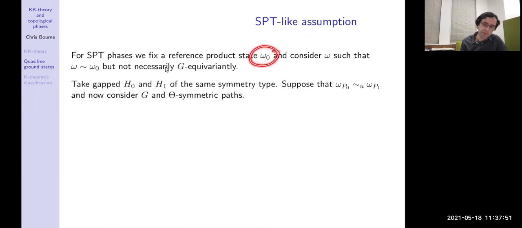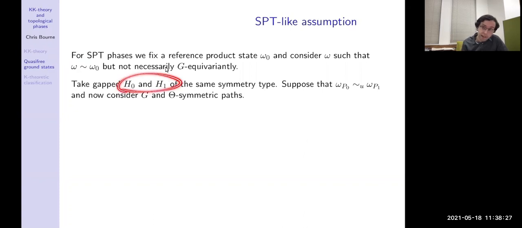You fix a reference product state, omega naught, and then look at other gapped ground states omega such that it's equivalent to omega naught in whatever equivalence relation on the space of gapped ground states, but not necessarily G equivariantly, with whatever symmetry G I consider. This is very roughly the starting point for how one studies symmetry protected topological phases of gapped ground states.